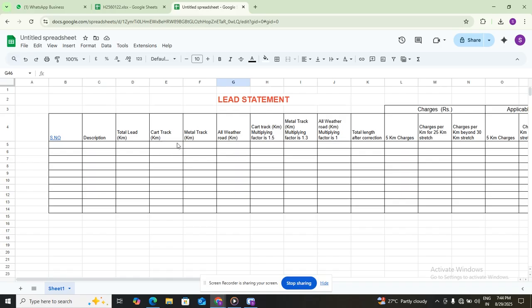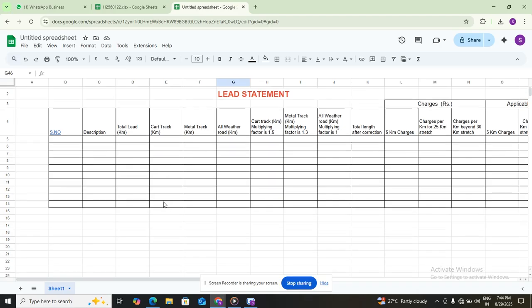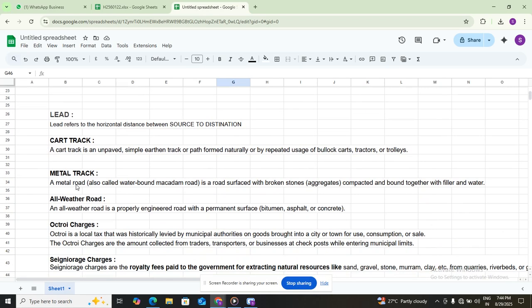A cart road is a soil road, very wet and loose soil. First we discuss the cart track. By definition, a track is an unpaved, simple earth track or path formed naturally or by repeated use of bullock carts, tractors, etc.